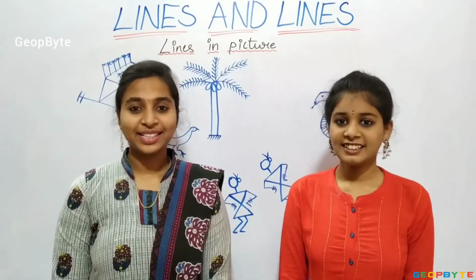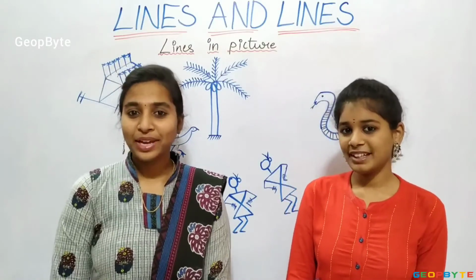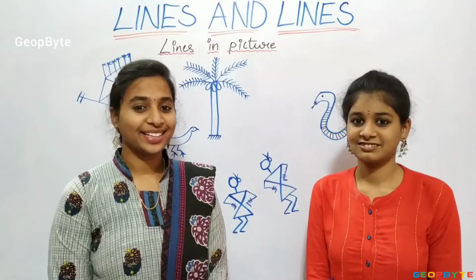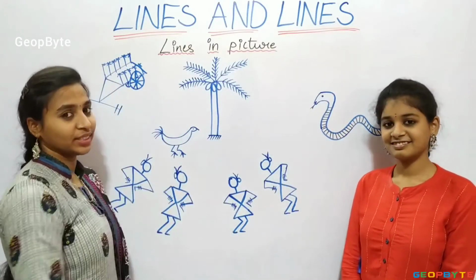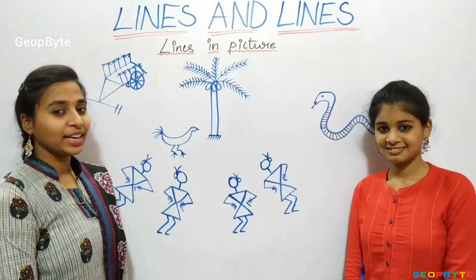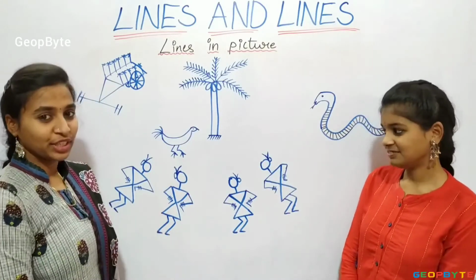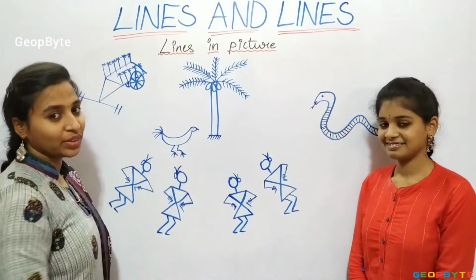Now let us get into the topic, lines in picture. Hey kids, see here we have few pictures. Now let us identify the lines and curves in these pictures. First, let us go with coconut tree.